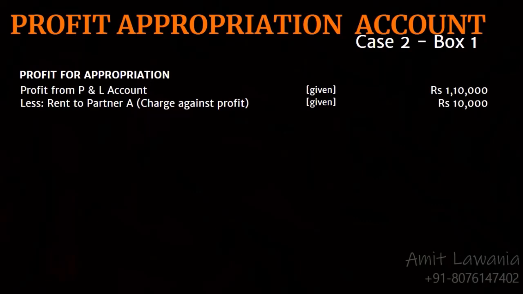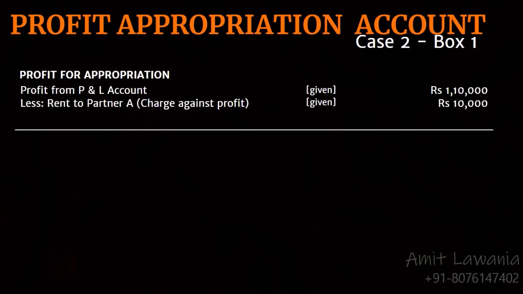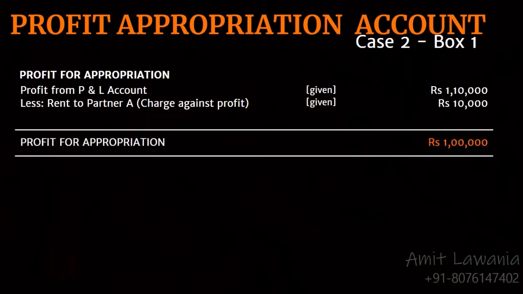Non-partner expenses are not there, so we deduct the amount from profit and get our profit for appropriation of rupees 1 lakh. Now we have the desired result from box 1. Rupees 1 lakh is the profit available to partners for appropriation.